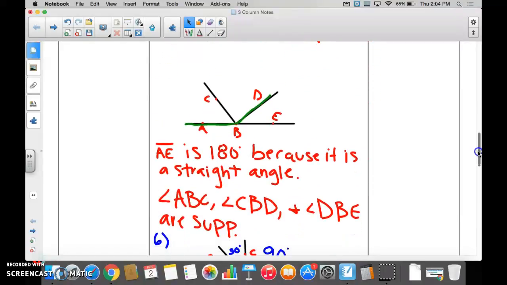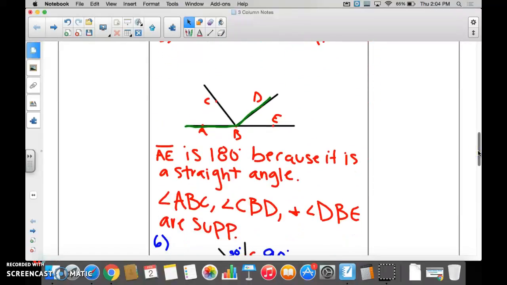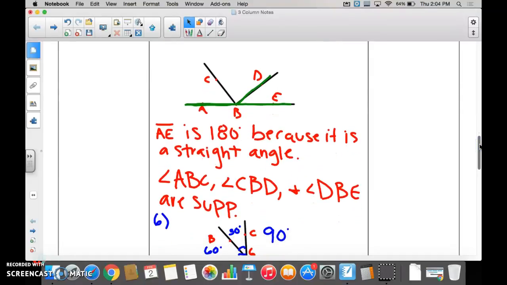All right, and then number 5, we have line segment AE, so this one right here, AE is 180 degrees because it is a straight angle, which you all knew. Then we said that angle ABC, angle CBD, and angle DBE are supplementary.